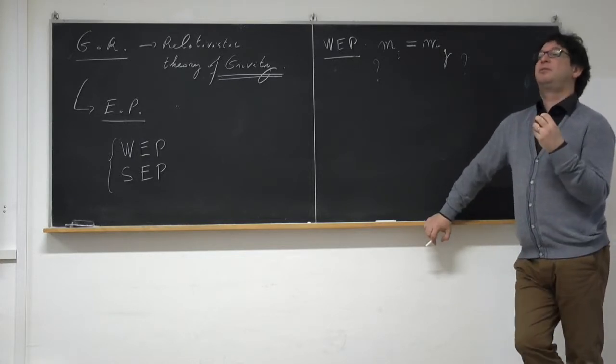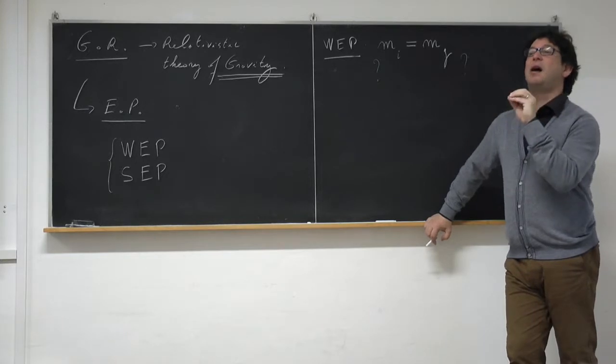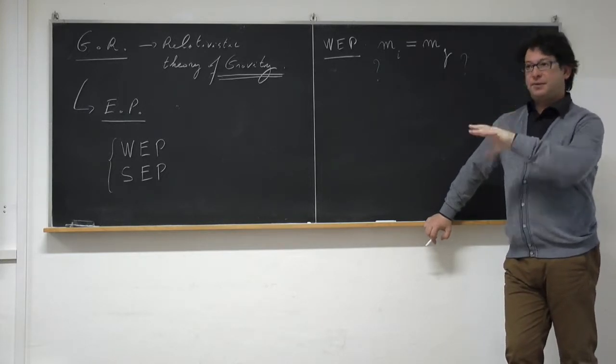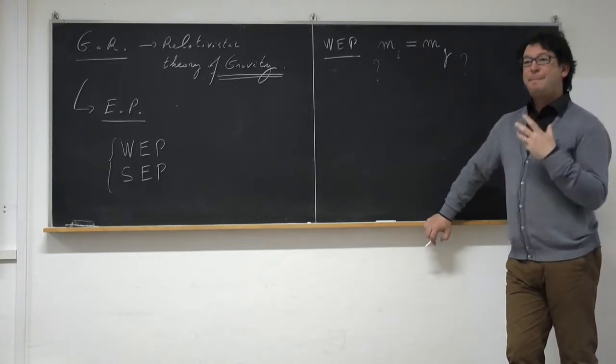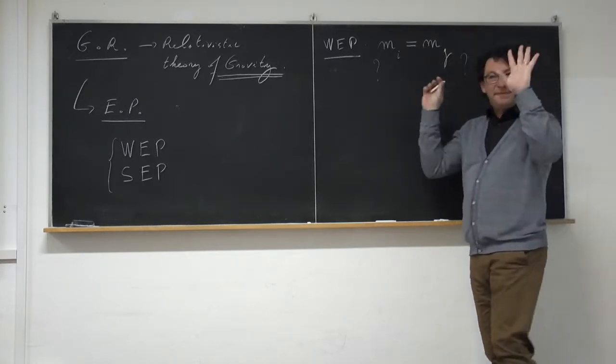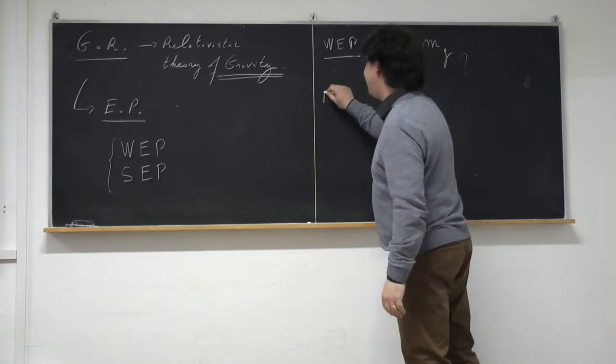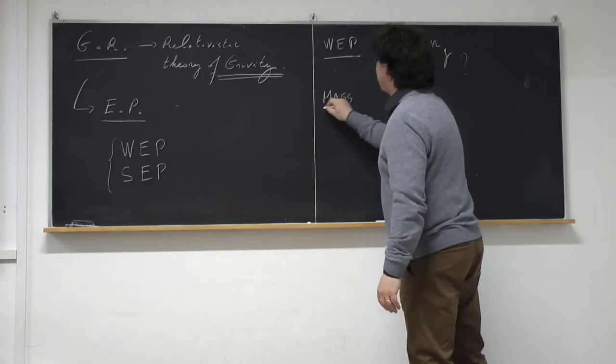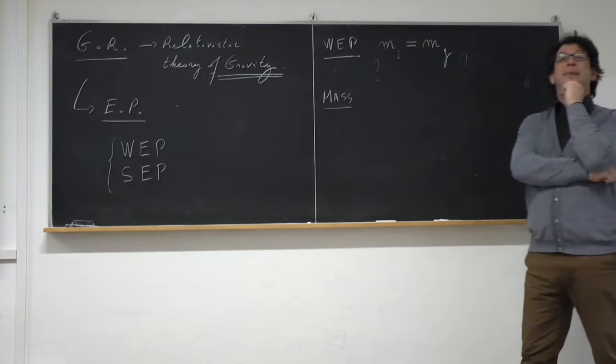Well, in physics you don't really say what things are, what mass is. You should say rather how you measure mass. I don't know what mass really is, but I know how to measure mass.